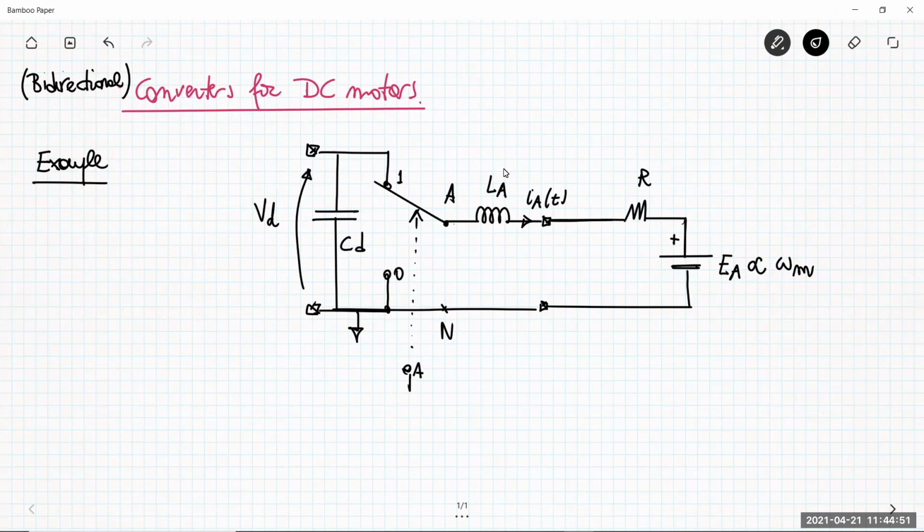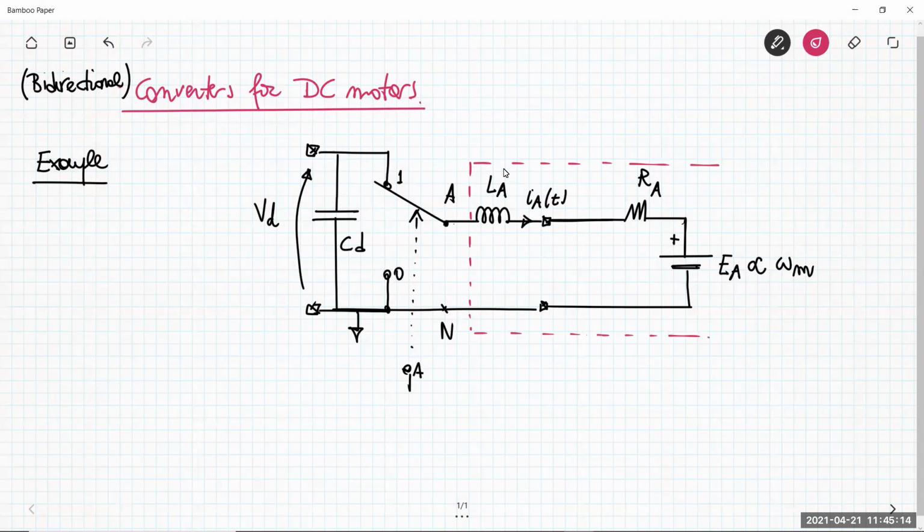LA can be exactly the inductance of the motor, or maybe the summation of two inductances. But by the way, the DC motor can be represented at the input electrical port exactly in this way.